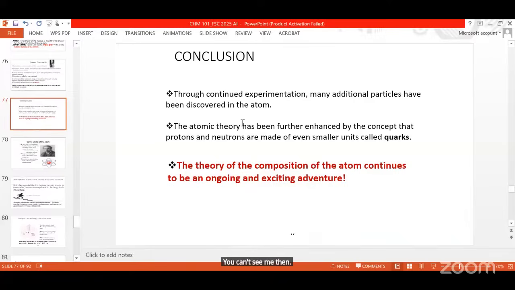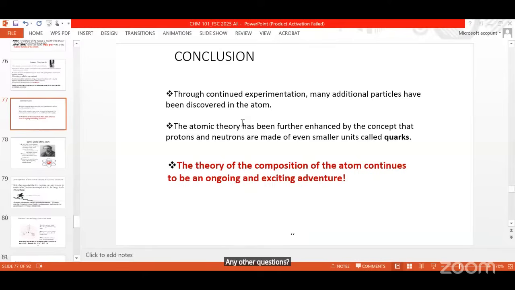Someone asked a question about the planetary model. That is Bohr. I told you the story now. Any other question?